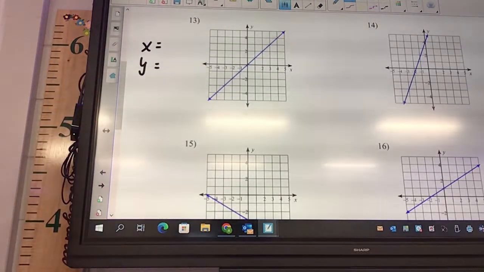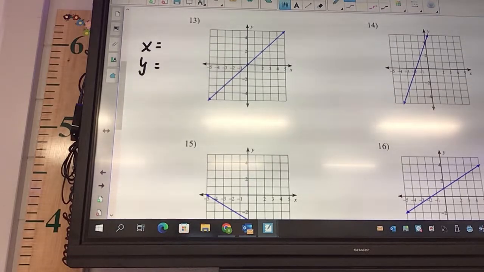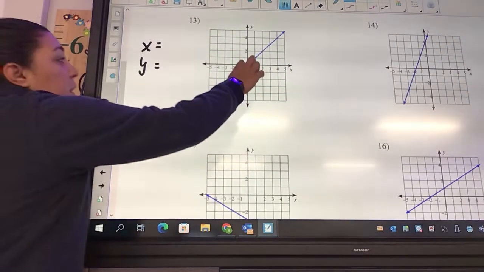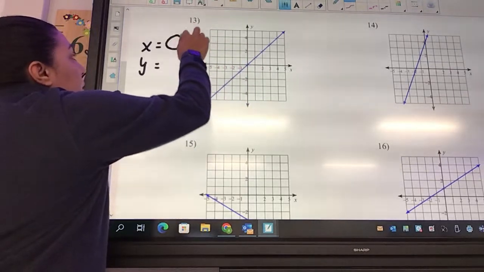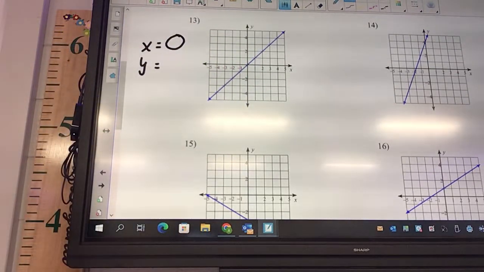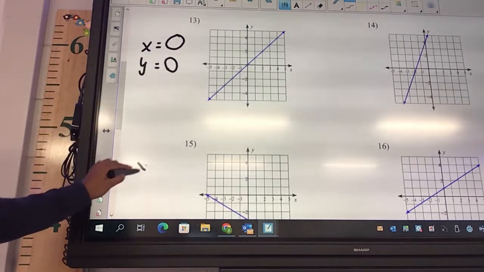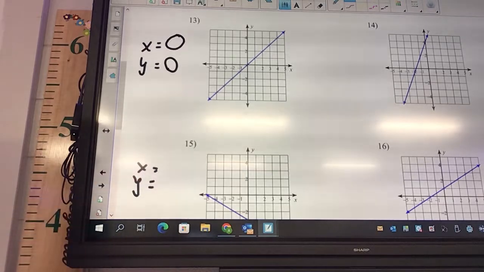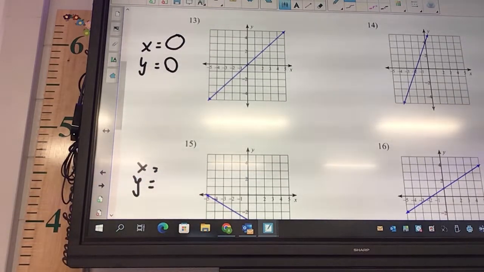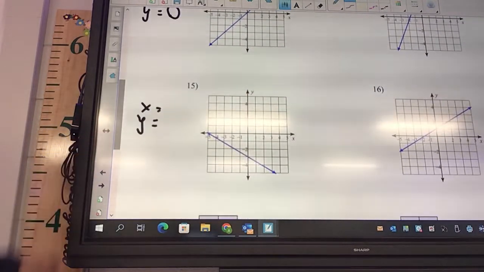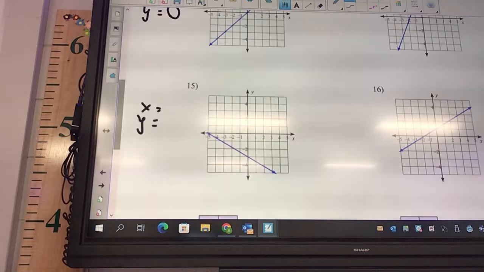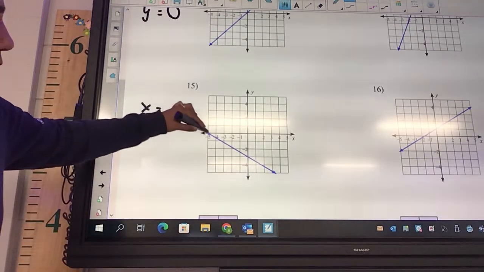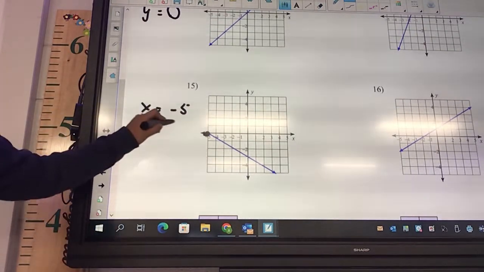What is our x-intercept? It says 0. Okay, we go to the X line and see where it crosses, and right here it crosses and it's at 0. What is the y-intercept? At 0 also. Okay, 15. What is our x-intercept? -5. What is the y? -3.